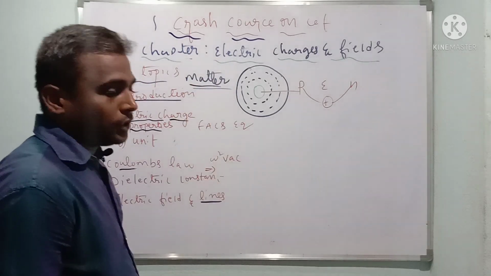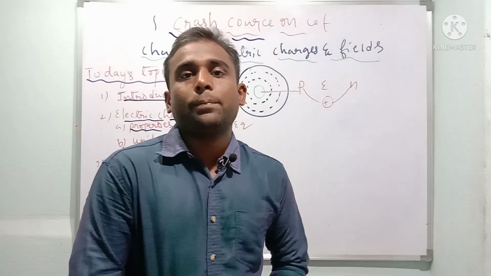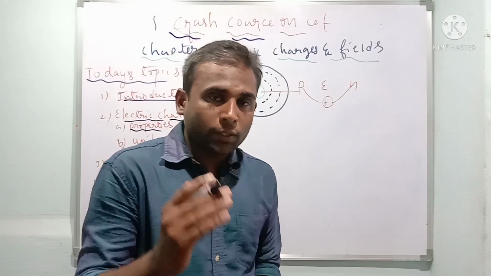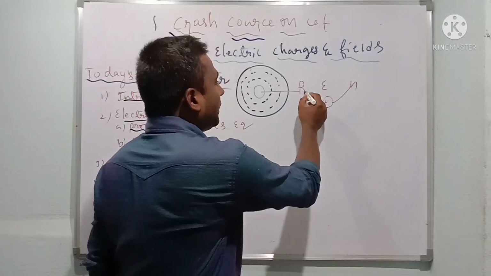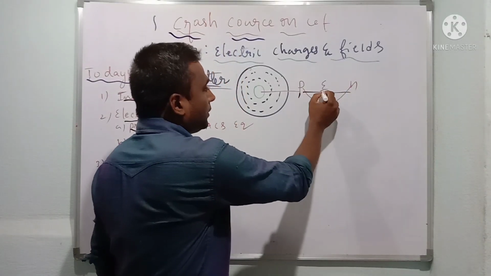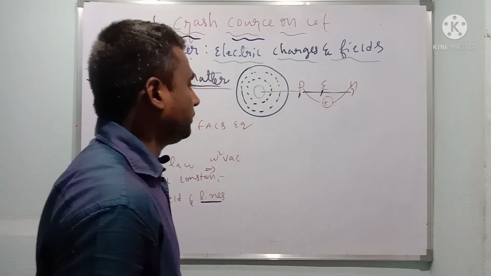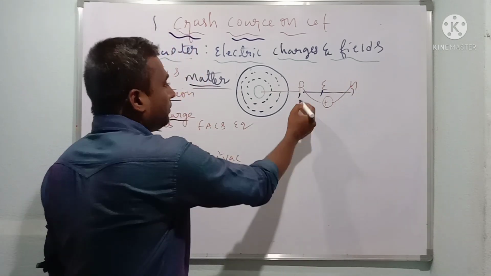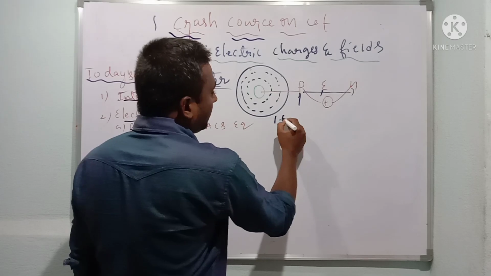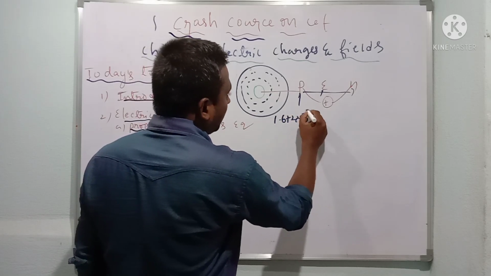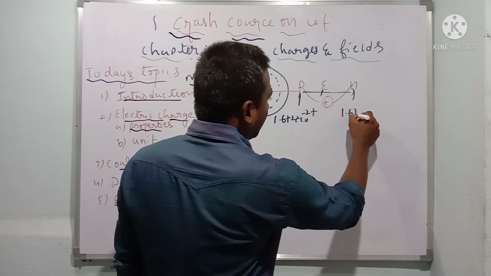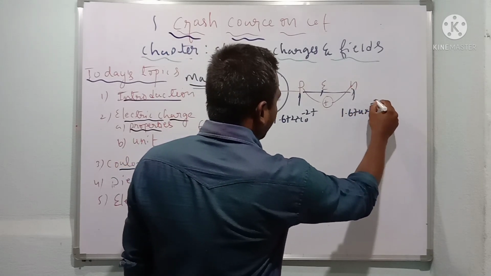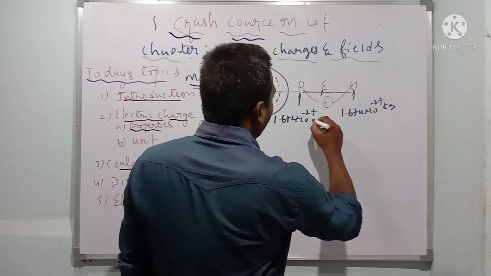Dear children, you know that matter is made up of molecules. Molecules are made up of atoms. Atoms are made up of protons, electrons, neutrons. Now the mass of the proton is about 1.672 × 10^-27 kg, and the mass of the neutron is 1.674 × 10^-27 kg.